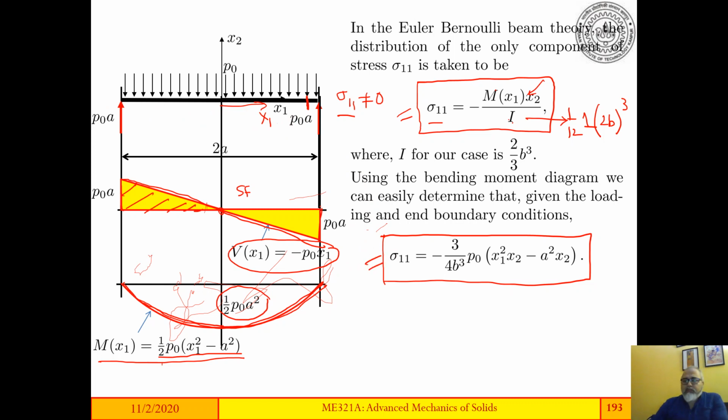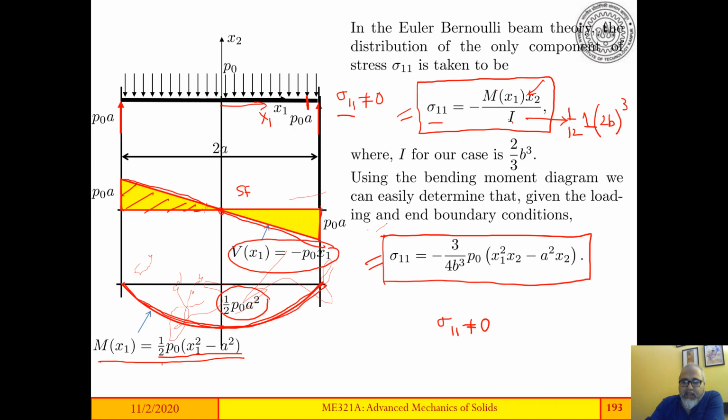Now, Euler-Bernoulli beam theory does say that sigma 1 is the only non-zero stress and every other stress component is zero. But we do a shear correction to the Euler-Bernoulli beam theory, and you have learned about this in MOS towards the end of the MOS course.